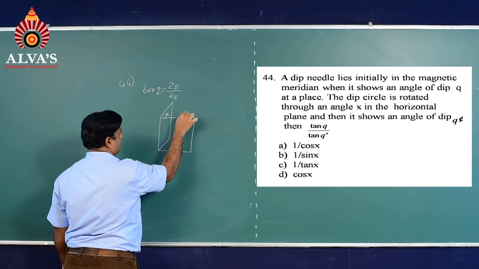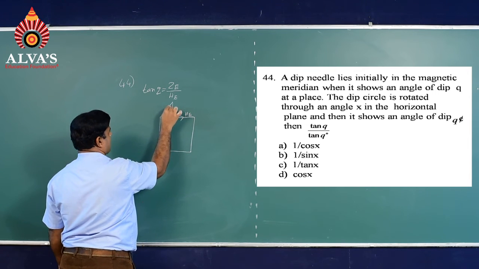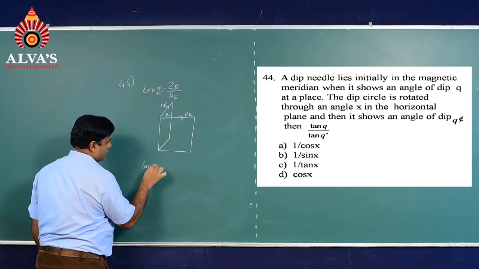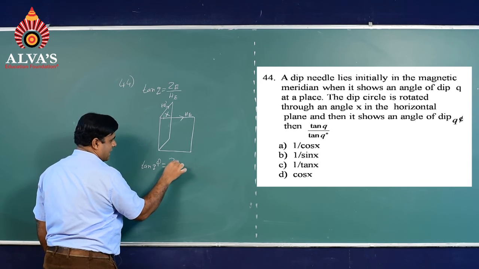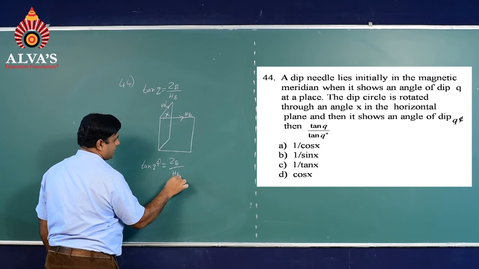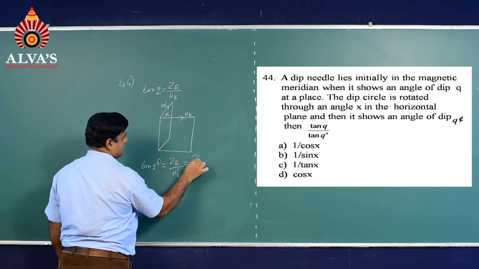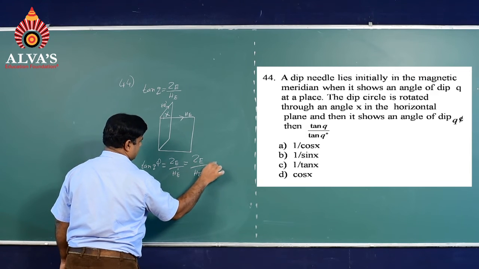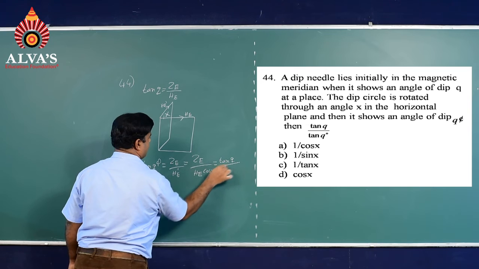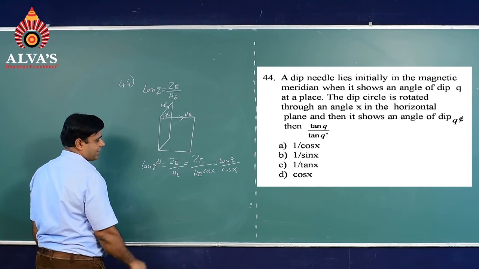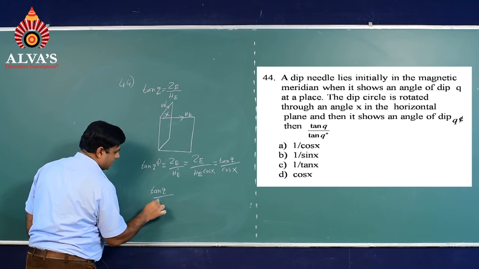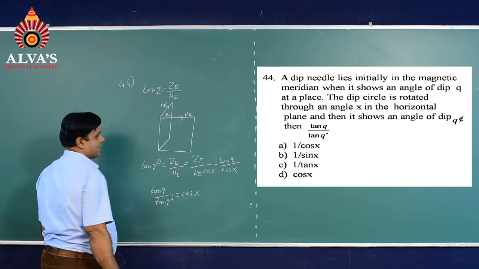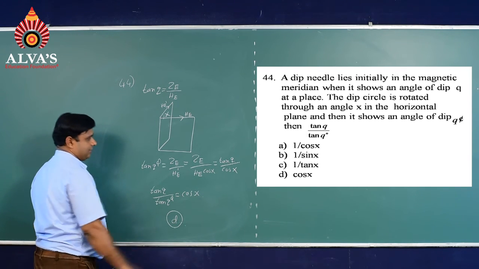In this plane the horizontal component is He dash. Dip is tan phi, which has the same vertical component but a different horizontal component, which is Ze divided by He cos x, which is tan theta divided by cos x. You have to calculate tan theta by tan phi, which is equal to cos x. So the answer is D.